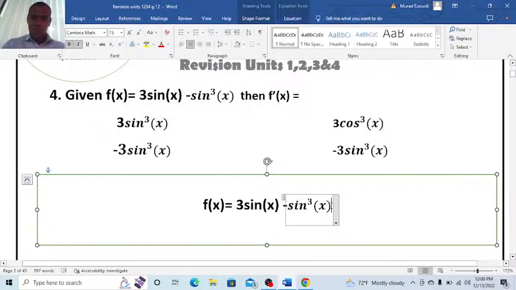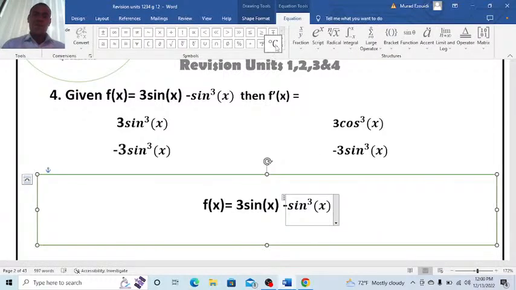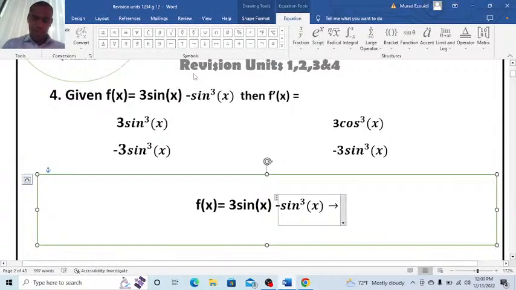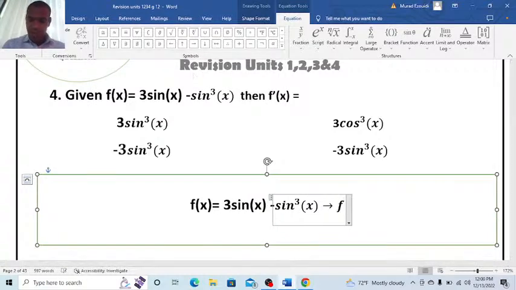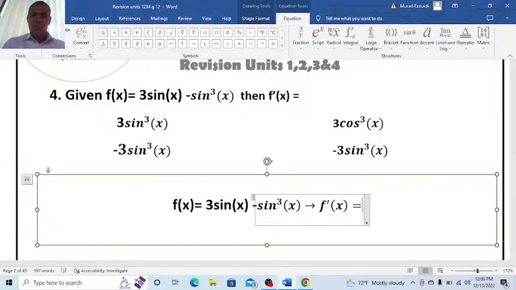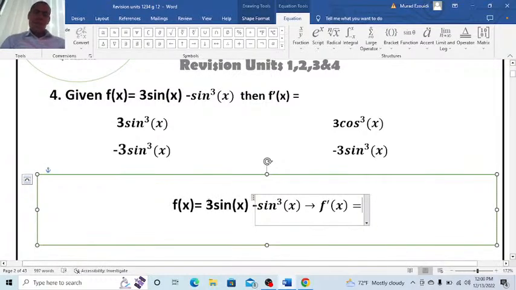Therefore, f dash is equal to what, learners? I will now differentiate my original function. I will write here f dash of x is equal to what?